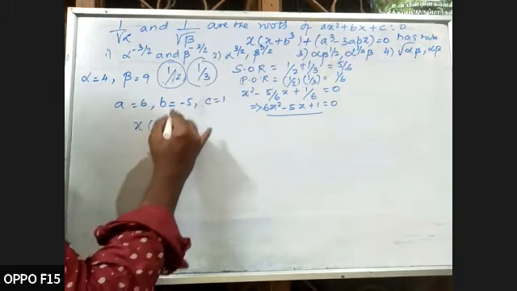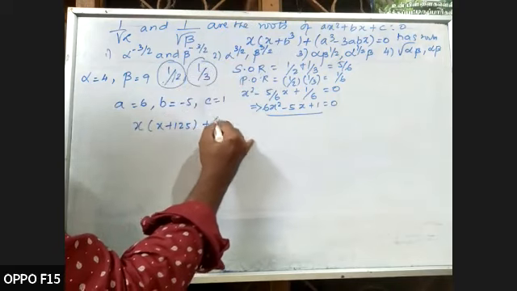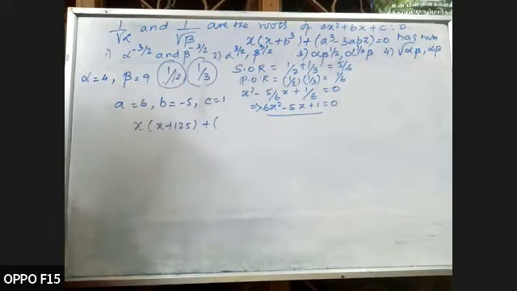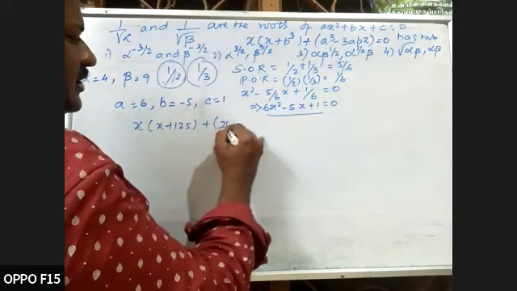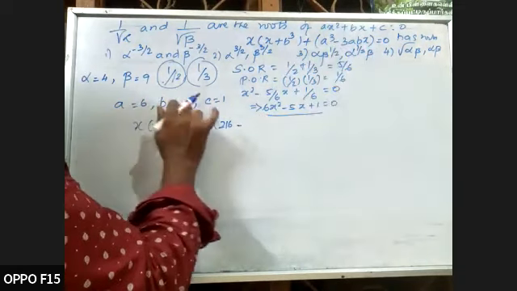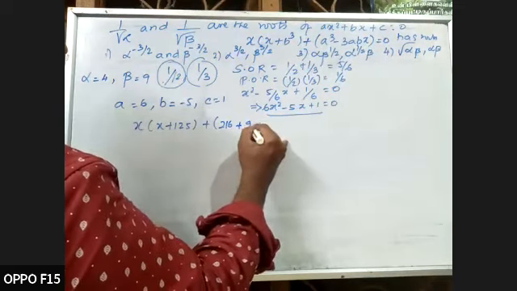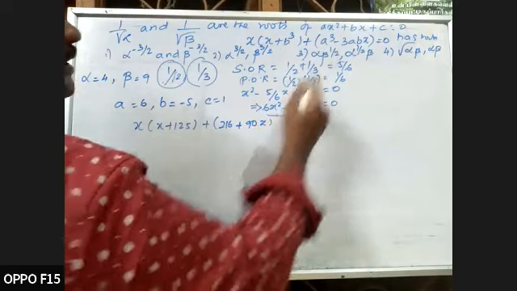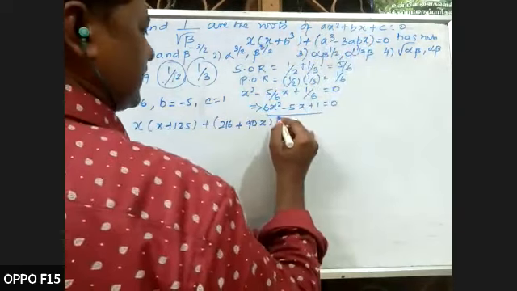x into x plus b cube, which is 125 plus a cube: 6 cube, 6 6s are 36, 36 into 6, which is 216, minus 3 into ab: 6 5s are 30, minus into minus plus, 30 into 3, 90x. Correct?